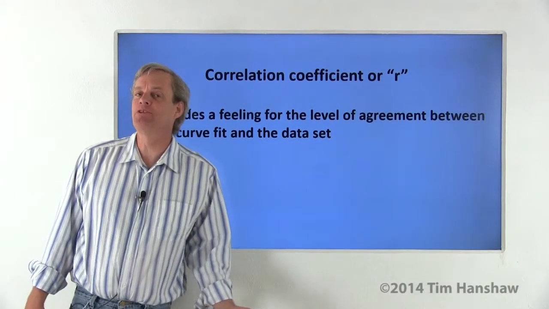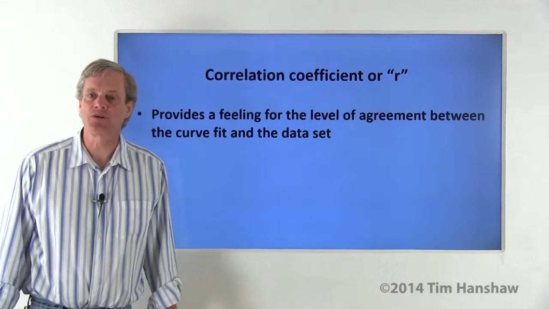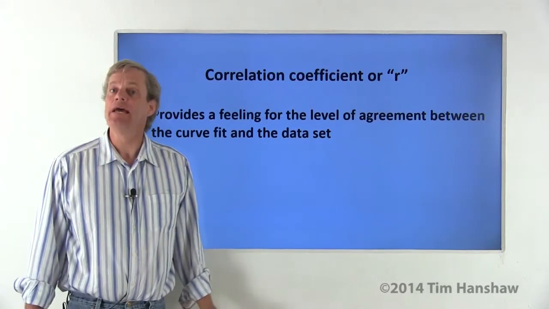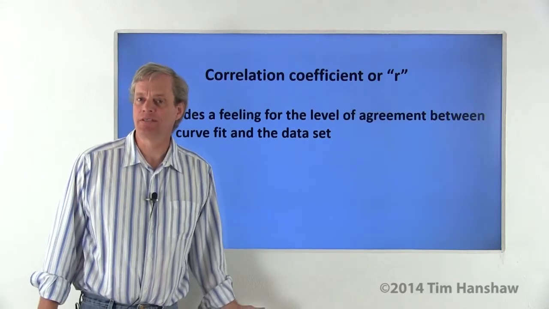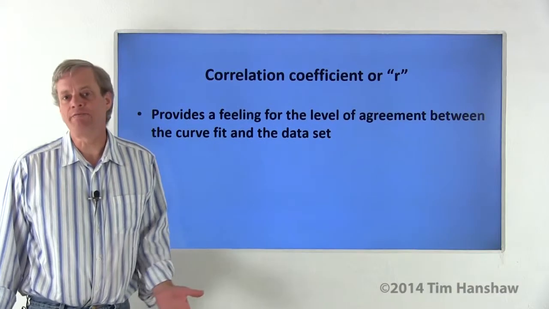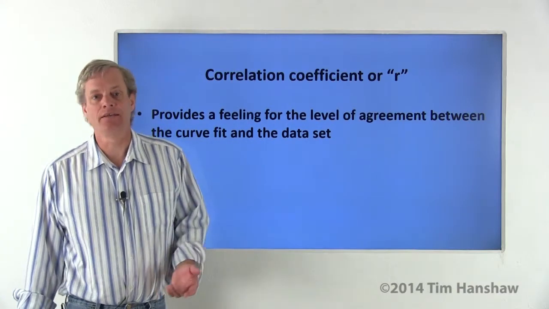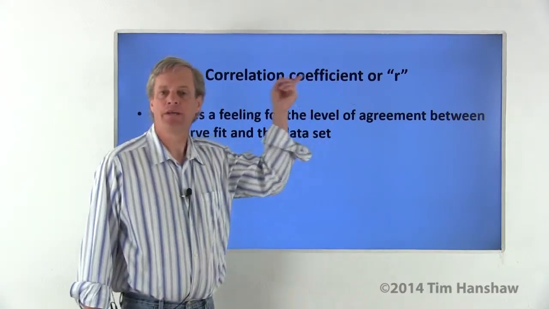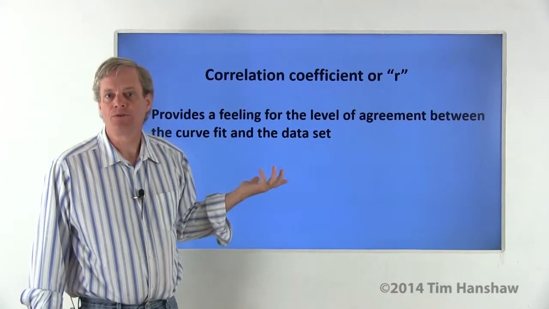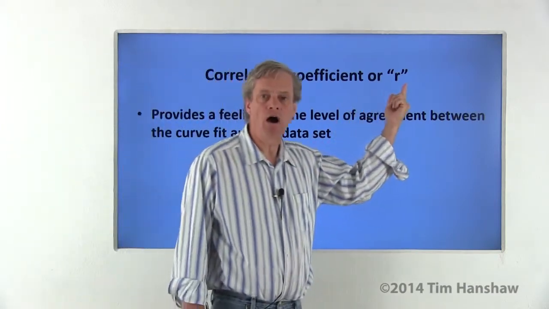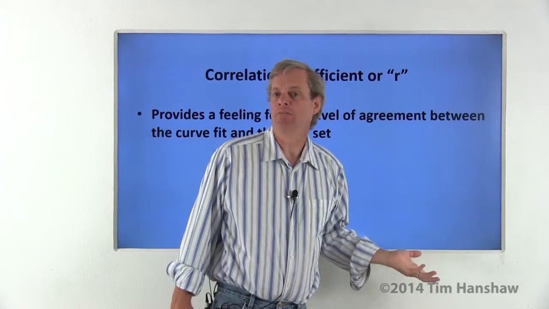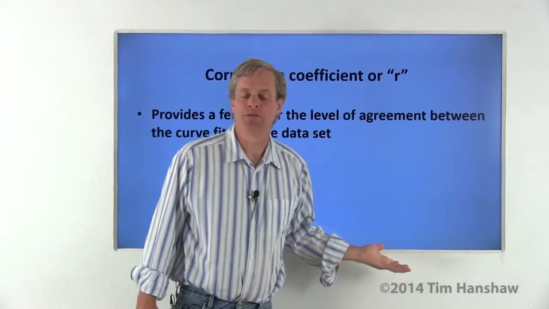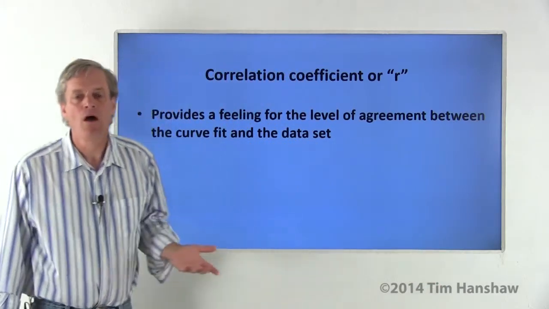As I mentioned in the demonstration, one area of concern when fitting lines to data is how well the line represents the data. The quality of the agreement between the data and the line is often quantified by the correlation coefficient, also sometimes just referred to as R, since R is the variable almost invariably used to represent the correlation coefficient.